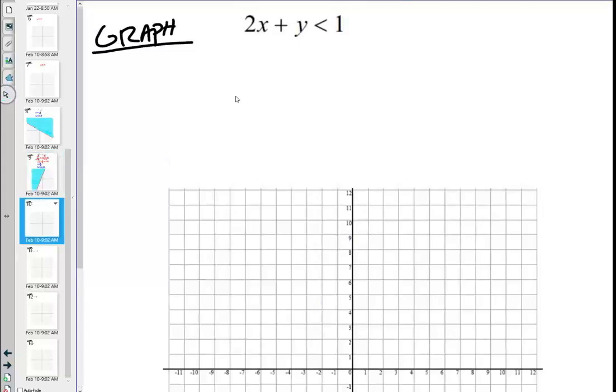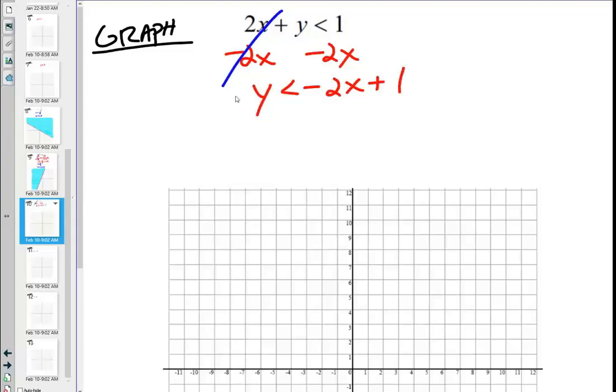I get you confused. It's Elena, right? So Elena, how would I isolate y here? Minus 2x. So then Ariana, what's the slope going to be?